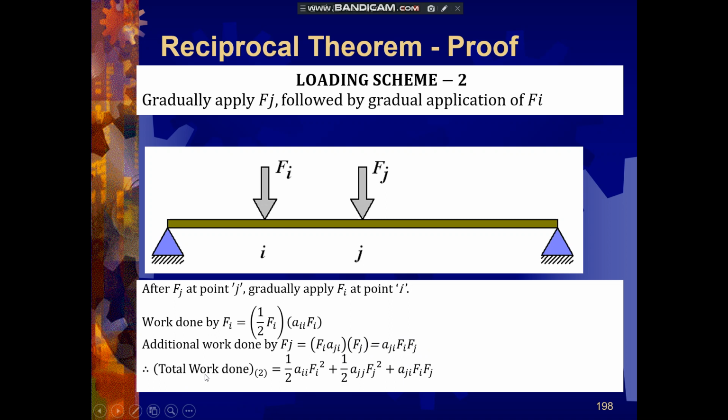So the total work done in the second scheme is half Aii Fi square plus half Ajj Fj square plus Aji Fi Fj. Now because the final deflection of this beam, or for that matter the potential energy stored in the beam, in the first scheme and the second loading scheme is going to be same, we just equate the total work done in both the cases.